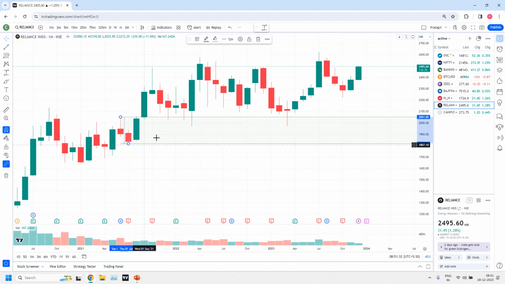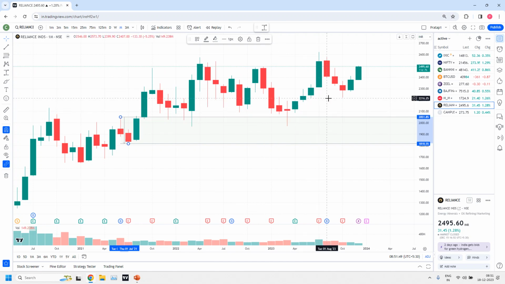The other condition is there should not be any monthly supply zone in this chart. Please remember, because it is a monthly chart, we are focusing only on the monthly zones.